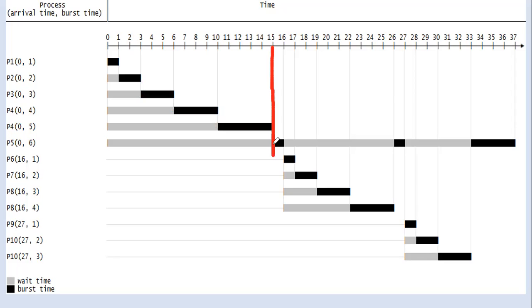And therefore, after just 1 minute of being processed, another process arrives in the system, which is process P6, which has a burst of just 1. So at this time, at time 16 here, process P5 will be having a burst of 5, while process P6 has a burst of 1.